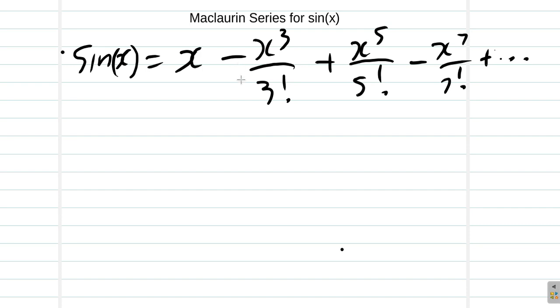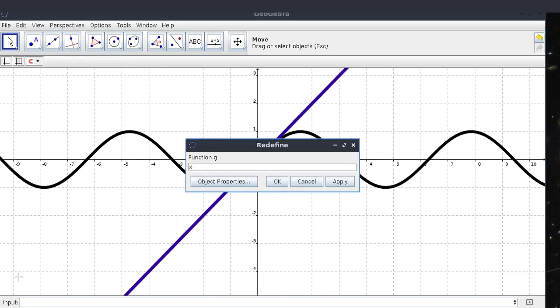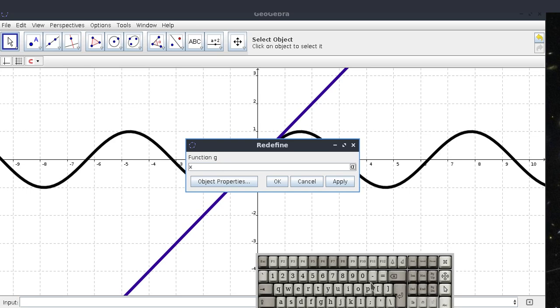Now let's add the second part of the series to it. Y equals x minus x cubed over what is 3 factorial? 6. So let's see what that looks like. X minus x cubed over 6. So we're going to change this to x minus, my computer keyboard is malfunctioning a bit, so I'll use a virtual keyboard here.